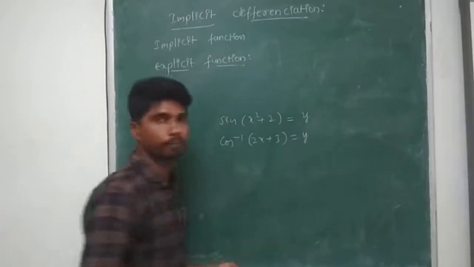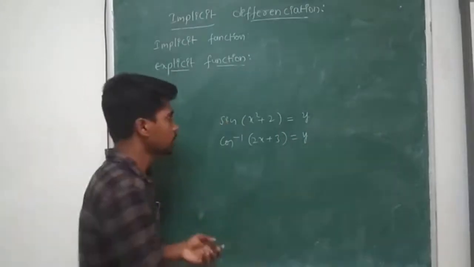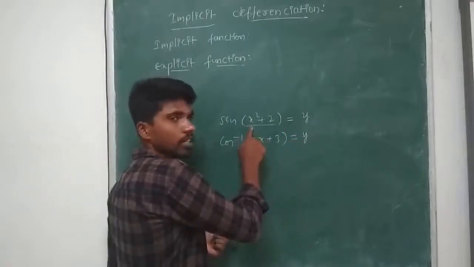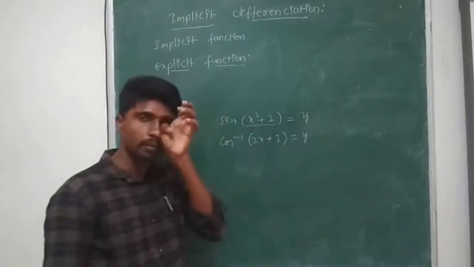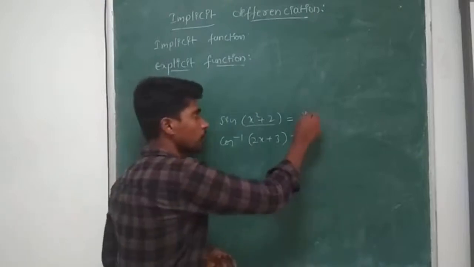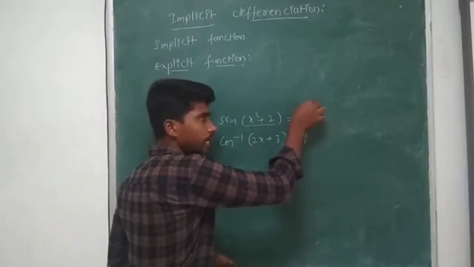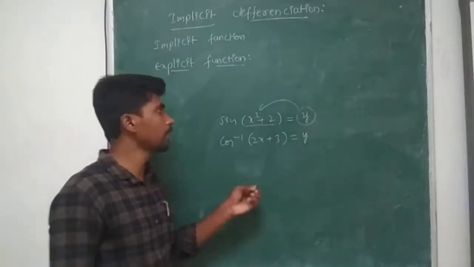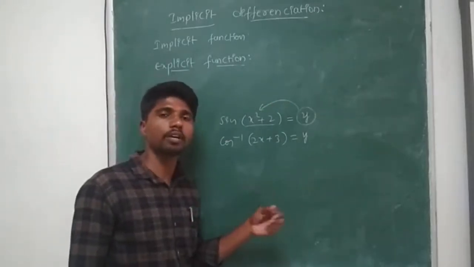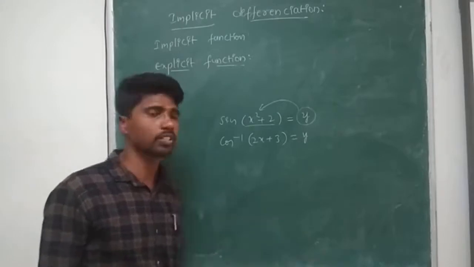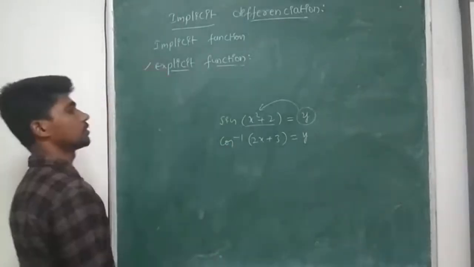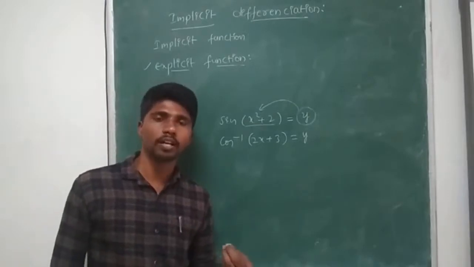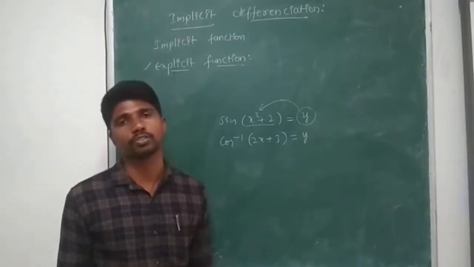So sine of something I consider as a function in terms of x which is defined as y. Nothing but here one variable y is expressed in terms of another variable x. So we are able to express one variable in terms of the other variable. Those types of functions are called explicit functions. So whatever differentiation we did till now, those are nothing but explicit differentiations.